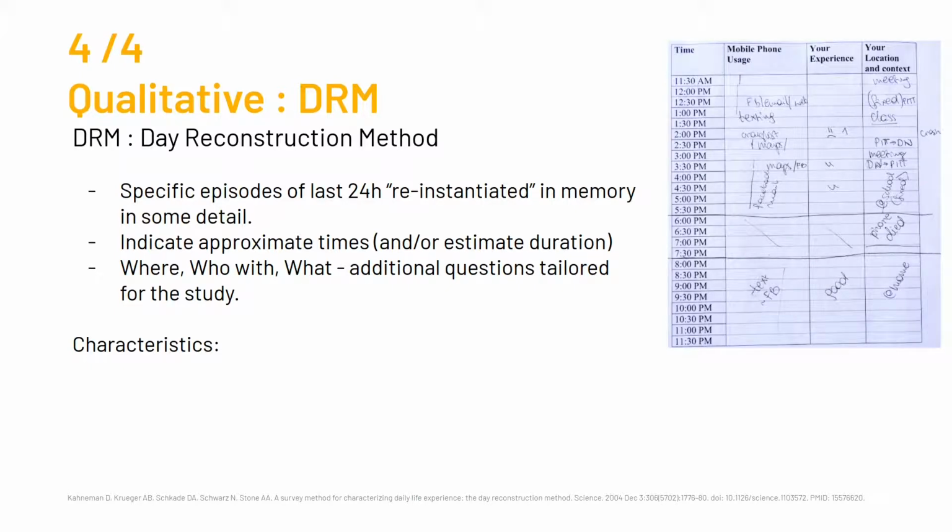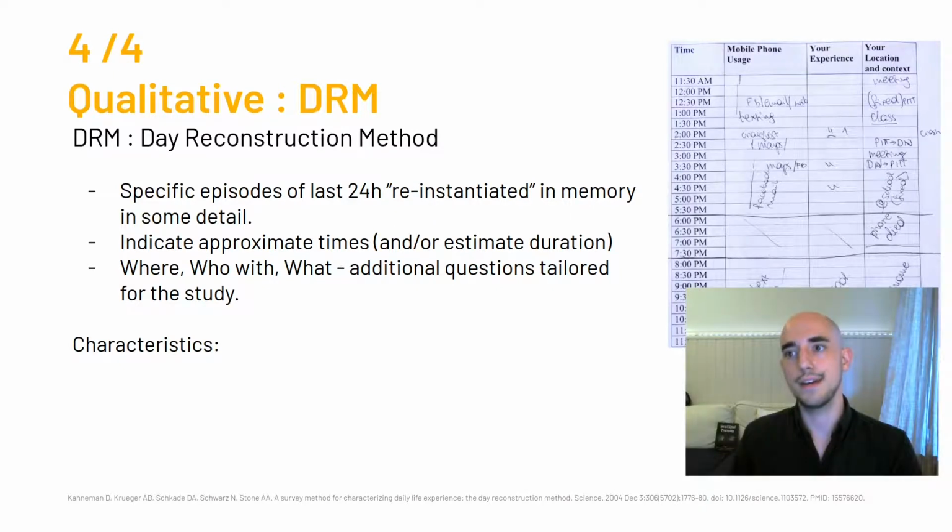And of course, to finish, we asked their location and context, because we are linking all of this data together. It was quite difficult to indicate the approximate time, because people do not really look at the time when they use their phone, as we can imagine, and as we saw in our study in the past.